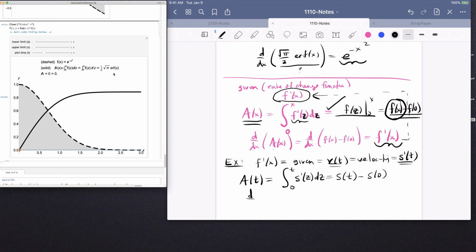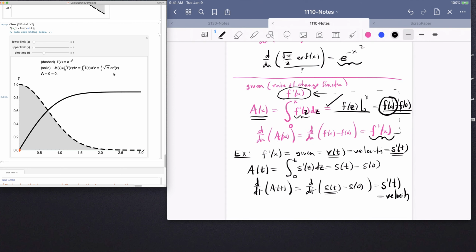And then if you took the derivative of this accumulation function, you would get the derivative with respect to t of s of t minus s of 0. S of 0 is a number, so its derivative is 0. The derivative of the position function is s prime of t, which is equal to the velocity.